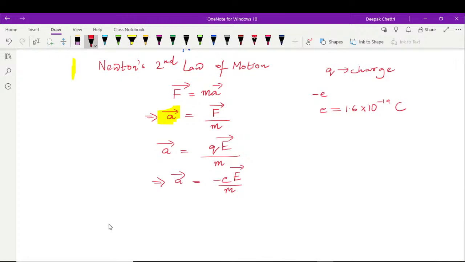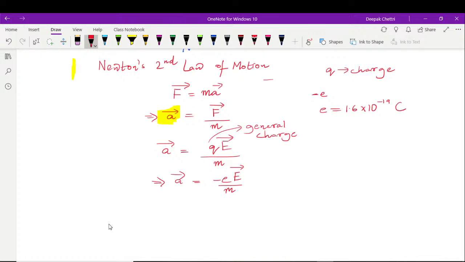Why minus e? Like I said, this Q is a general charge. This is a general expression, it can be anything, but we are dealing with electron. So instead of Q we are replacing the charge of an electron, and charge of electron is minus e.